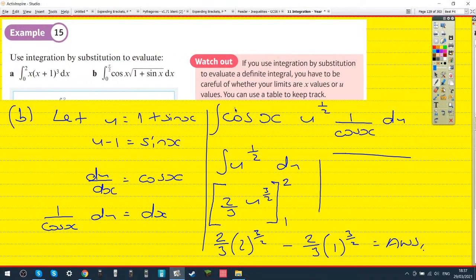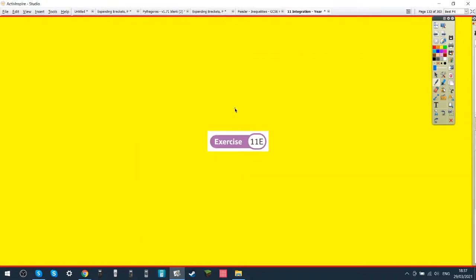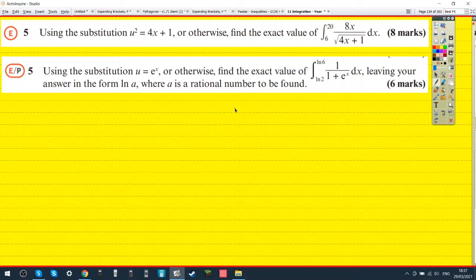I saw a long exponential one. Let's try the exponential one, the bottom one. Okay, so I think first of all, I need to find the differentiation of e to the x?